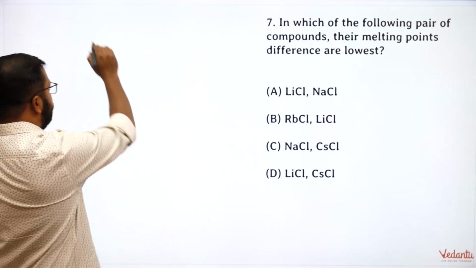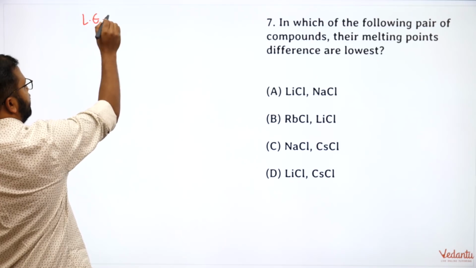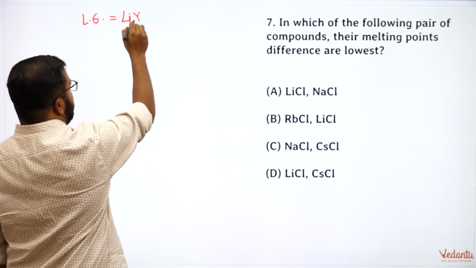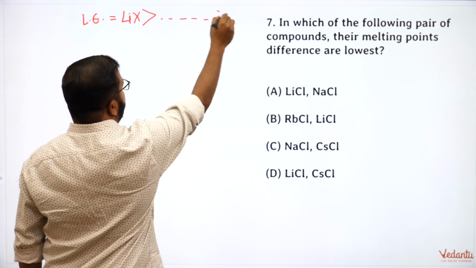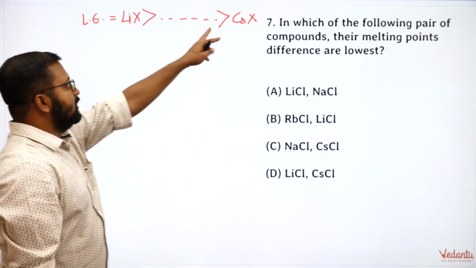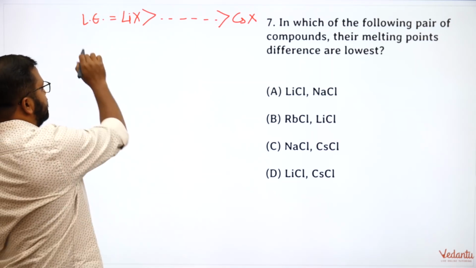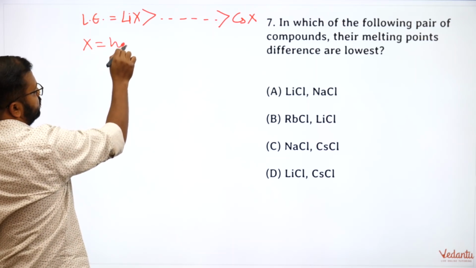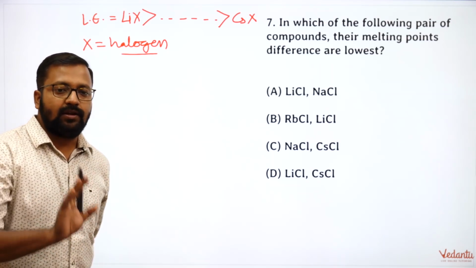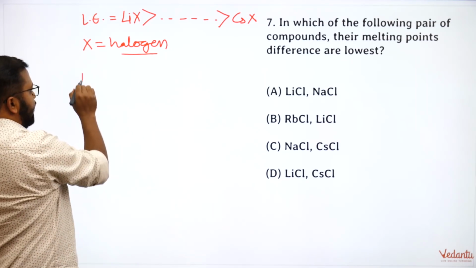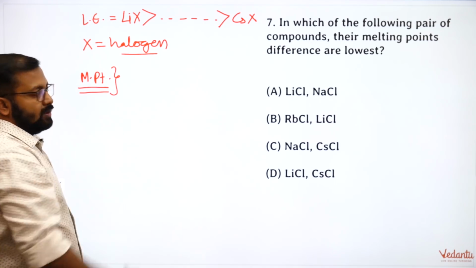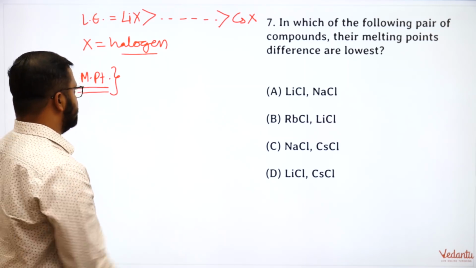So if you look at lattice energy, the lattice energy trend would be LiX and so on, down to CsX. Small cation, large cation, and X is your halogen. So this is expected to be the lattice energy trend, but the melting point trend is this.